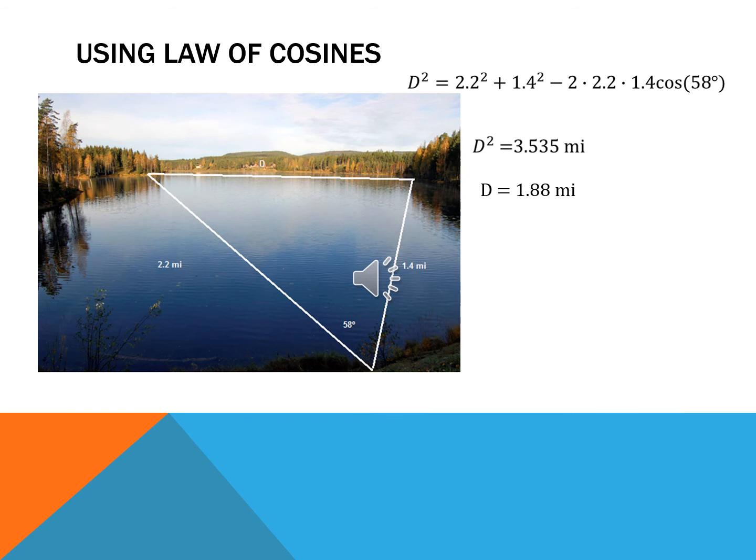If you carefully type the right-hand side of that equation into your calculator, you get 3.535 miles. That's d squared. d is the square root of that value. So if I take the square root of 3.535, I get a distance of 1.88 miles.